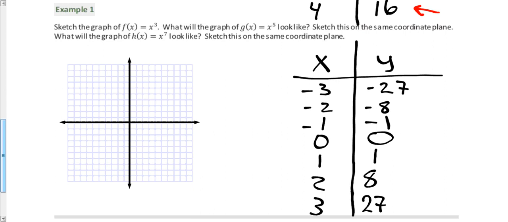It looks different, right? Now, check this out. We're going to have trouble fitting 27 on here. So we're going to count by threes. So this is 3, 6, 9, 12, 15, 18, 21, 24, 27, 30.